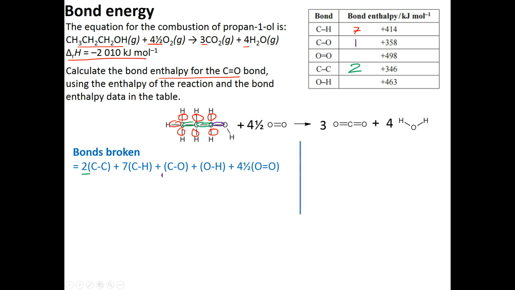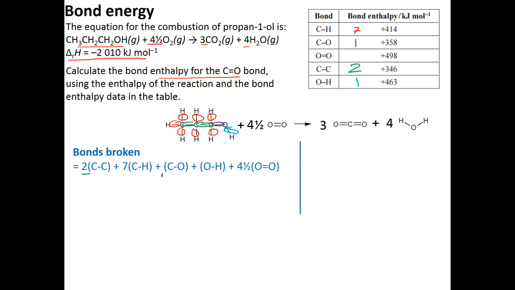And if I change color again, let's take a blue. Oh, that color didn't change. Sorry, let's try again. So I have got one O-H bond, and so that's over there. So you can see I've actually accounted for every single bond in my propanol.